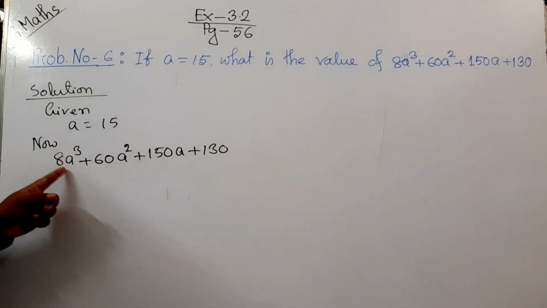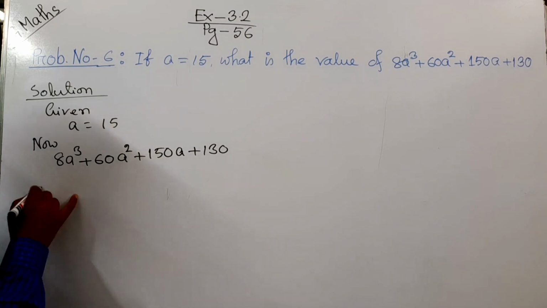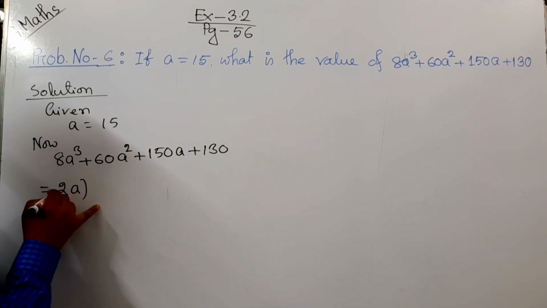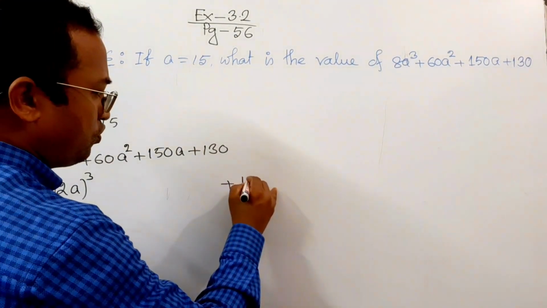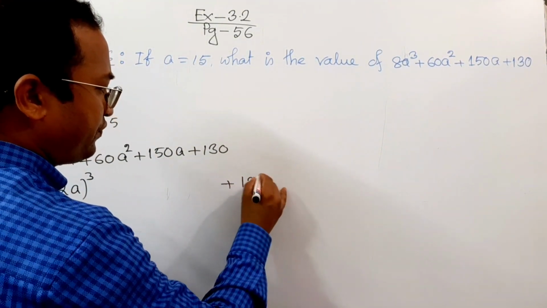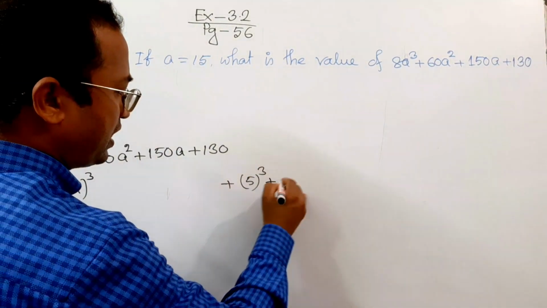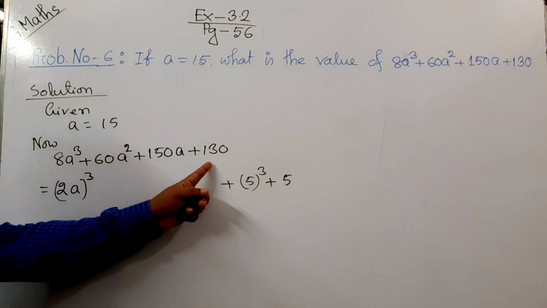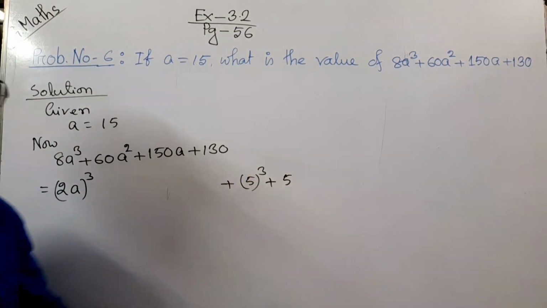Now look, 8a cube, we can write it 2a whole cube, and 130 we can write 125 plus 5, that is 5 whole cube plus 5.